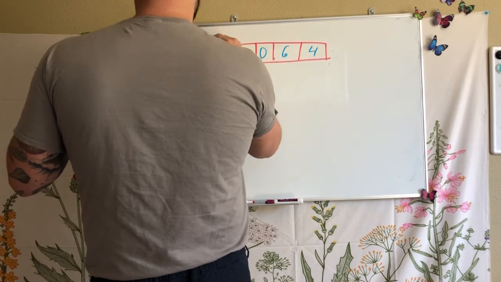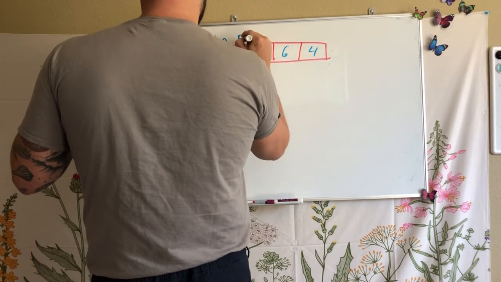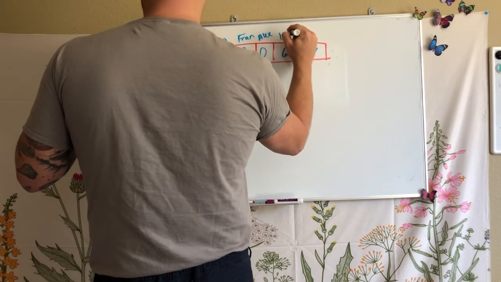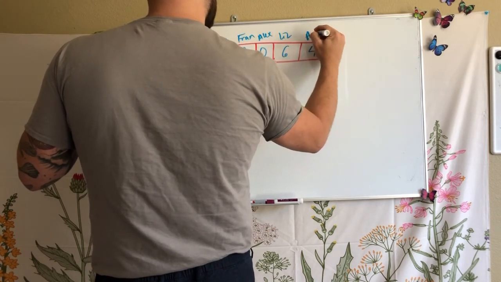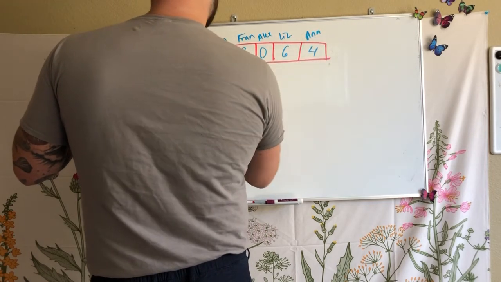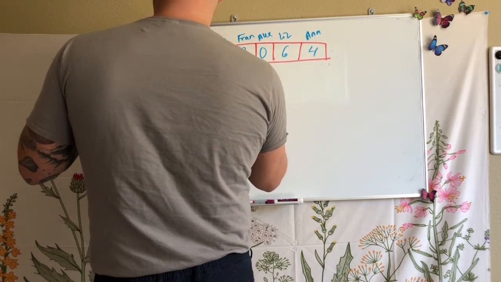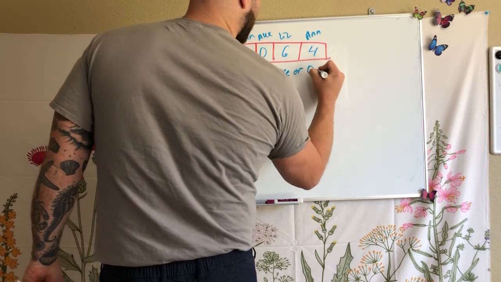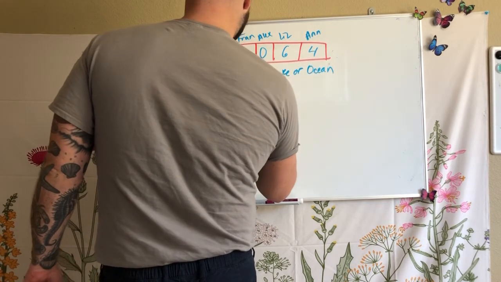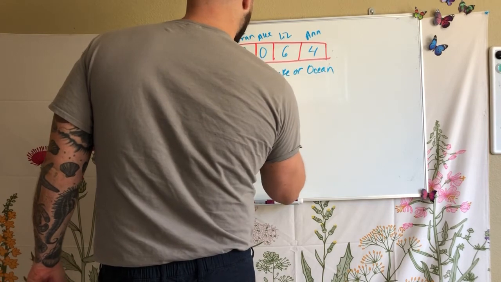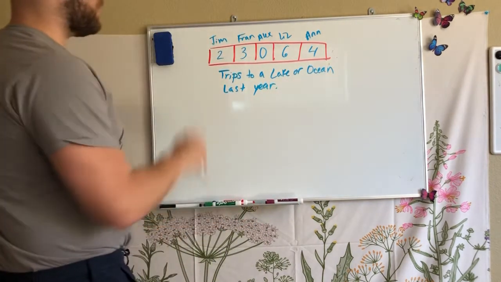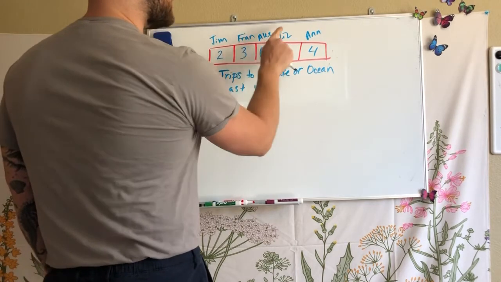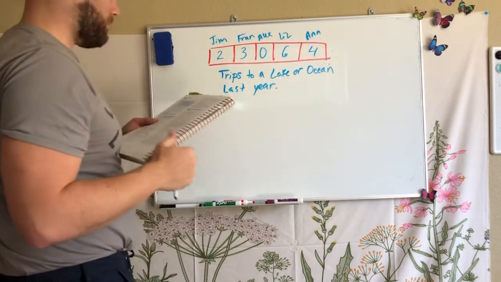Here we have Jim, Fran, Alex, Liz, and Ann. Trips to a lake or ocean last year. So, Jim took 2 trips, Fran took 3, Alex took none, Liz took 6, and Ann took 4.